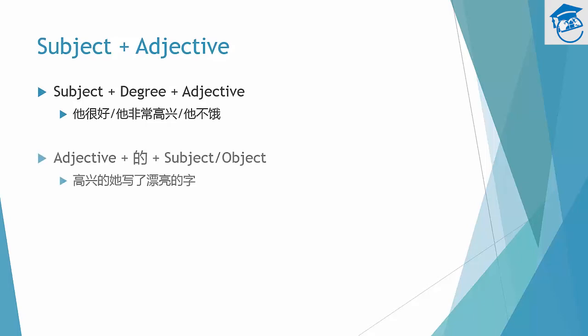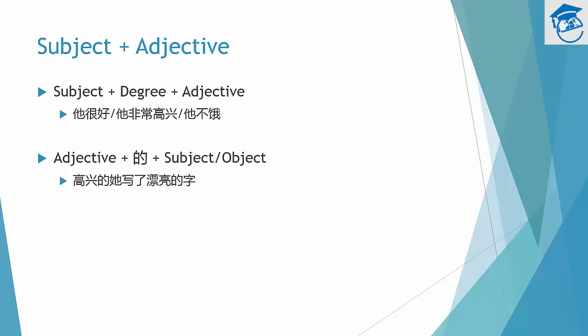Next one. Adjective plus 的 plus subject or object. Okay? This is a part of the sentence, so it can fit into the subject, verb, object grammar structure that you have seen earlier. The example I have is 高兴的她写了漂亮的字.